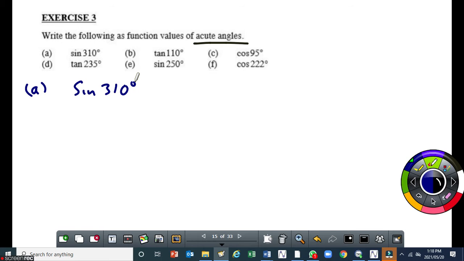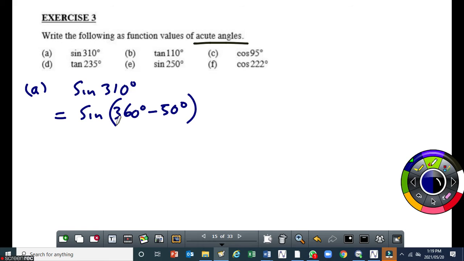310 degrees is in which quadrant? The fourth quadrant. Which angle can we subtract from 360 to get 310? 50. So we can write this as sine of 360 degrees minus 50 degrees. We are going to rewrite sine 310 using an acute angle.